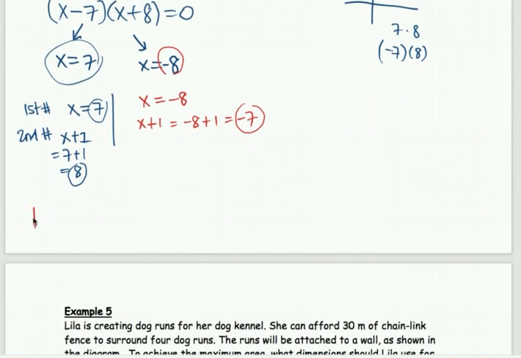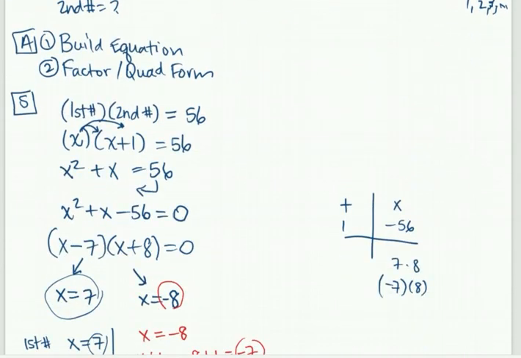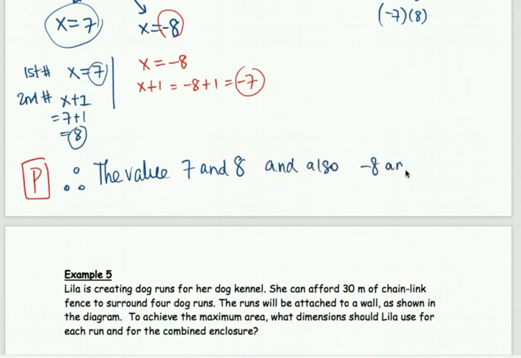So you have to state them both. Okay, so find the integers. Therefore, the values 7 and 8, and also negative 8 and negative 7, will make a product of 56.